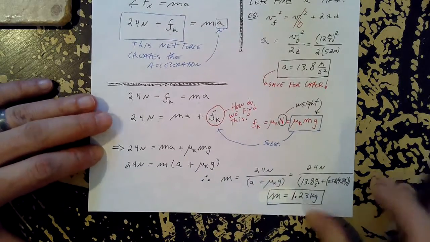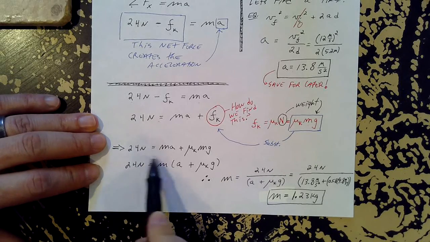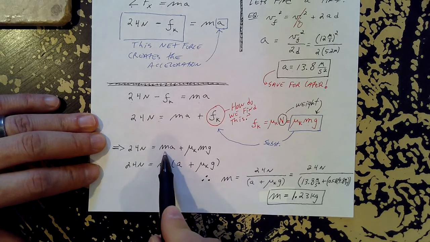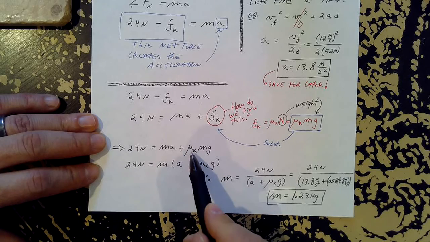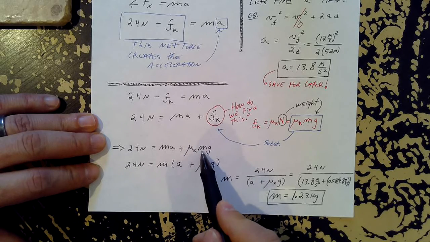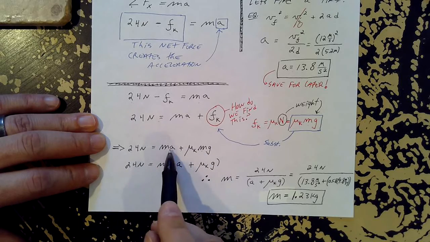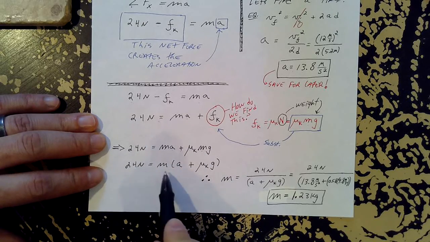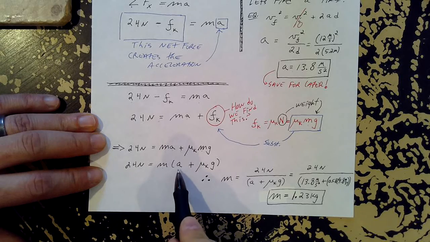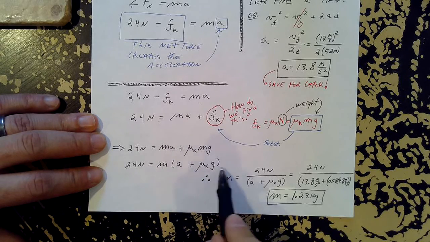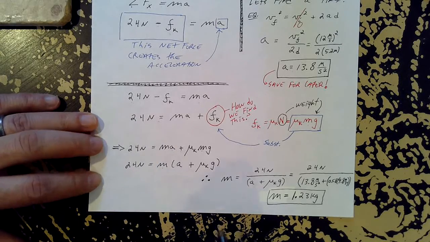When I do that, this equation looks like this now. 24 newtons equals mass times acceleration plus mu times mass times gravity. I have mass in two locations, so I'm going to pull it out and put some parentheses there. Mass, parentheses, acceleration plus gravity times mu equals 24 newtons.